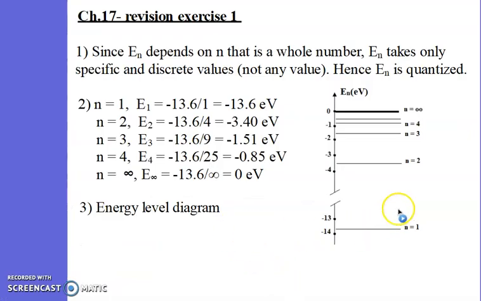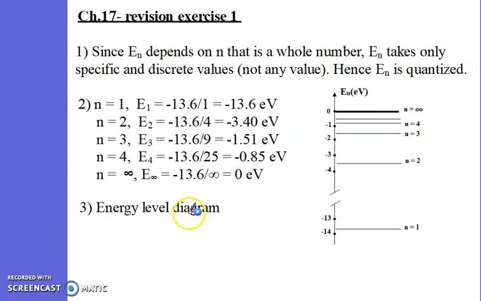Let me tell you something important first. Here, I use red. Every time the electron jumps from a level to the ground state, we get a released photon. Okay?